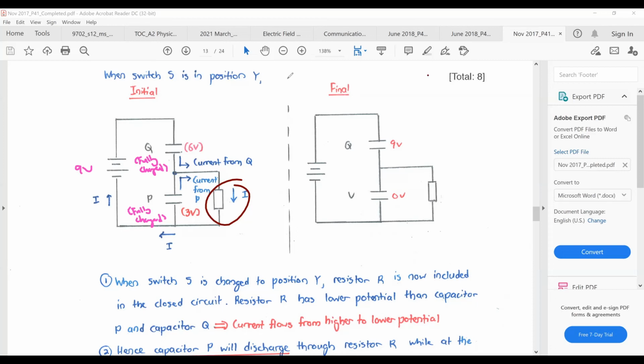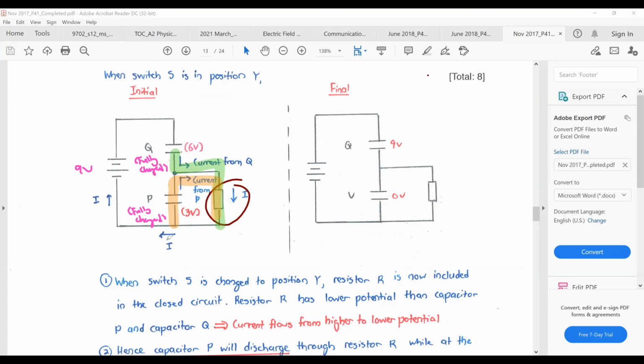Current will flow from capacitor Q to resistor R here, and current will also flow from capacitor P to the resistor here. So both are discharging through your resistor.